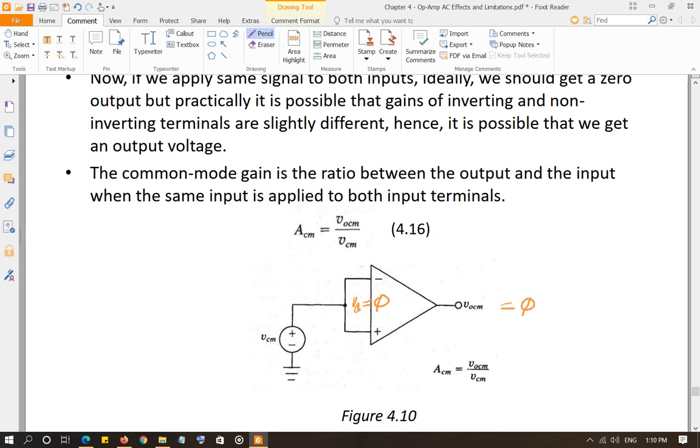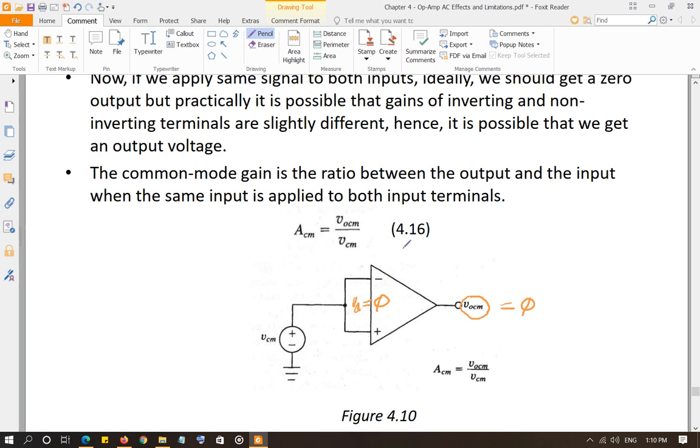That's a valid assumption. However, it is quite possible that the gains of these two inputs are not exactly the same. So even if you apply the same input, you may have some output at the circuit. This is not a desirable condition, but it is a practical condition.